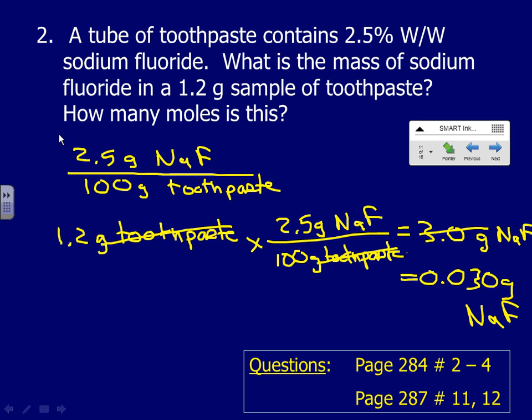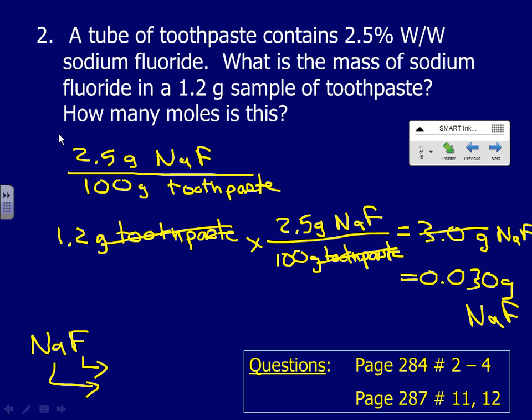Well, just to kind of keep us thinking about moles, how am I going to figure out the number of moles of sodium fluoride in 0.030 grams of sodium fluoride? What do I need? I need the molar mass. Yeah, that's exciting. So essentially, that little add-on is going to kind of get us thinking about tomorrow.